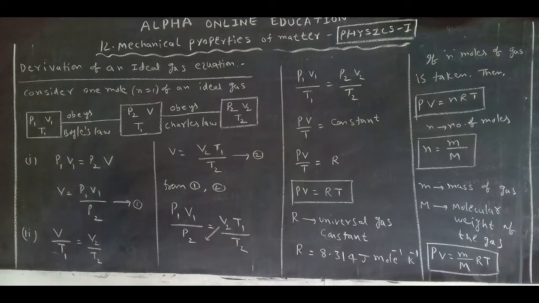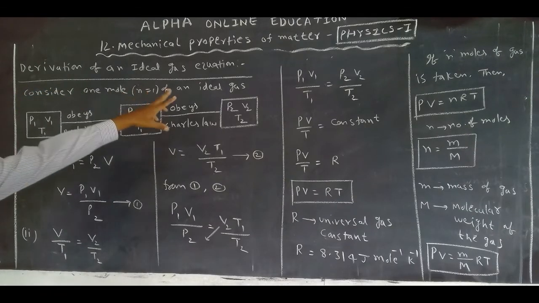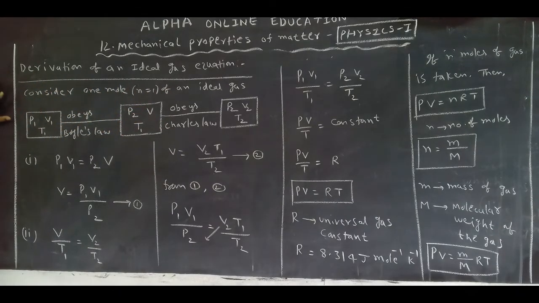Now let us see the derivation of the ideal gas equation once again. Consider 1 mole. What is the symbol for mole? Small n. n is equal to 1 of an ideal gas in a container. This is one container or one enclosure. Initial pressure P1, initial volume V1, initial temperature T1. It obeys Boyle's law, in which temperature is constant, so T1 stays T1.